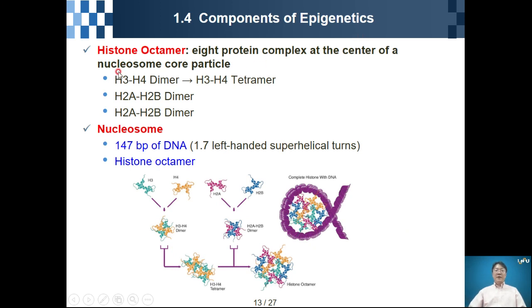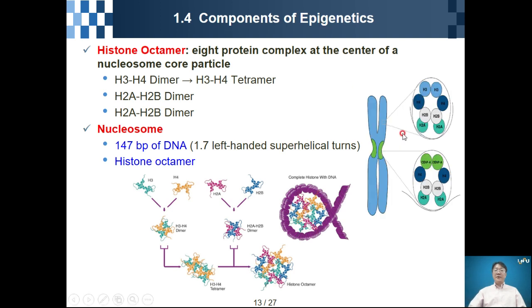We already learned about the histone octamer in the nucleosome. The nucleosome core particle is composed of an 8-protein complex at the center. It is composed of 2 H3 histone proteins and 2 H4 histone proteins. Usually H3 and H4 make a dimer like this, and finally they make the H3 H4 tetramer.